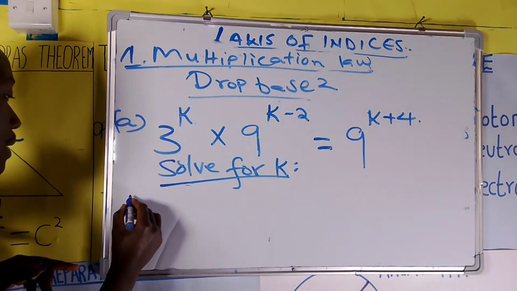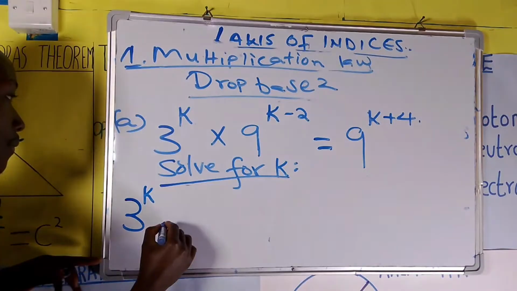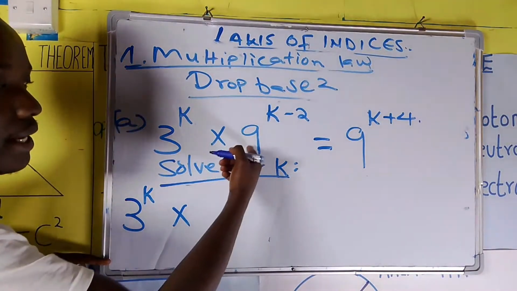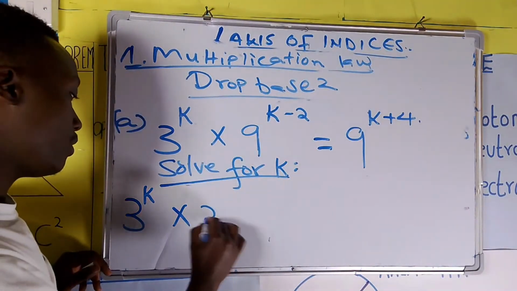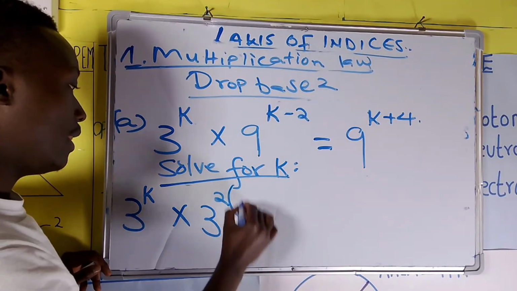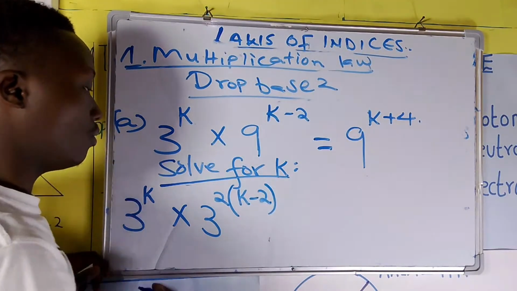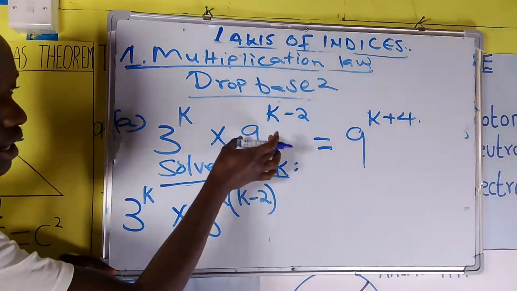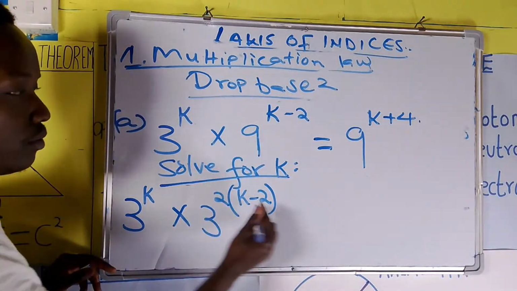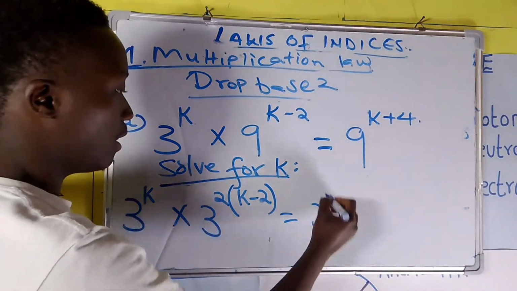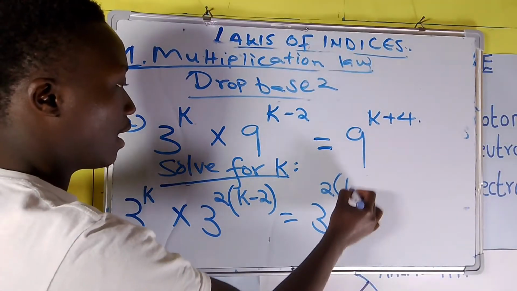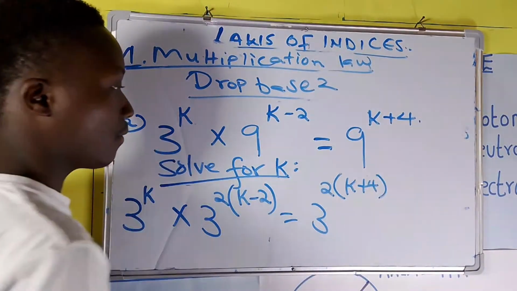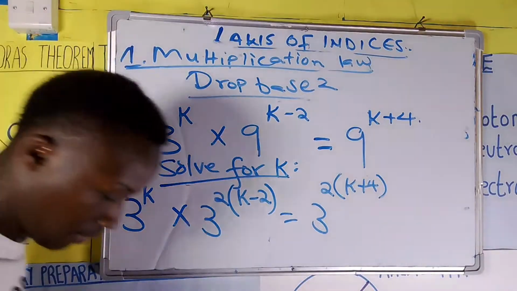So this one will remain to be 3 to power k times 9 is the same as 3 squared. So it is 3 to power 2, then k minus 2. We have replaced 9 with 3 to power 2 is equals to the same here, 3 to power 2 times k plus 4.